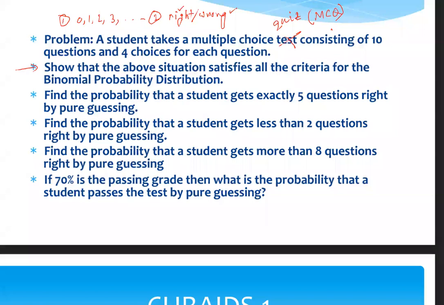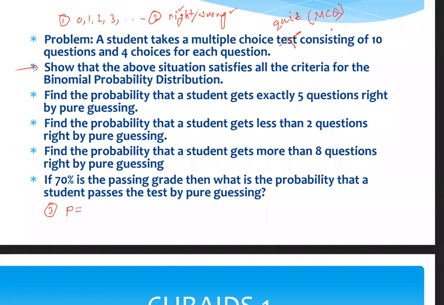The third condition. What would that be? Probability is constant from trial to trial. And what is that probability? The probability of getting an answer right.